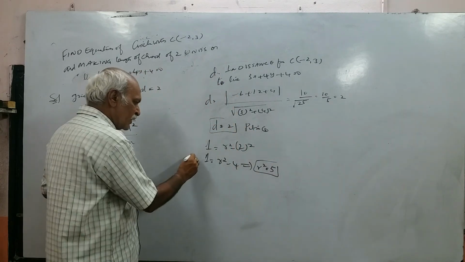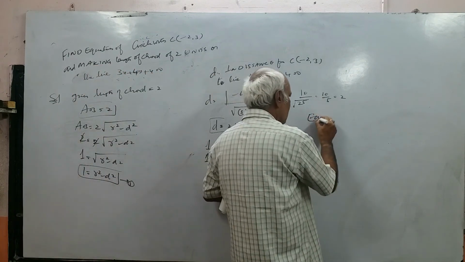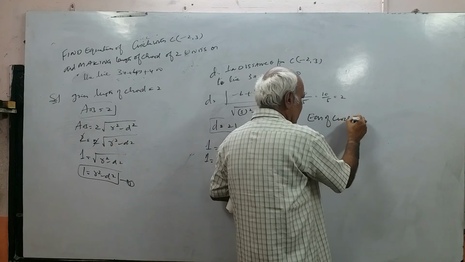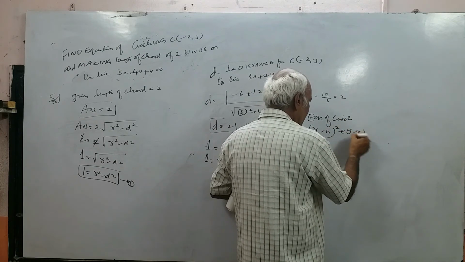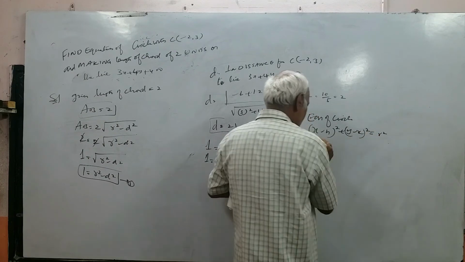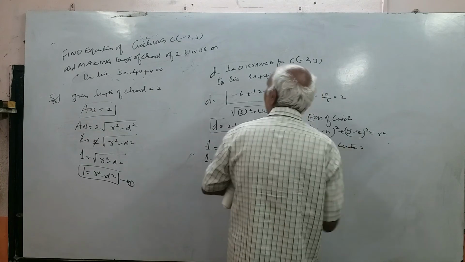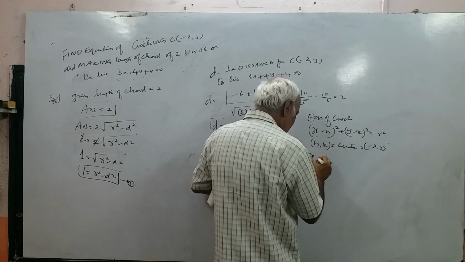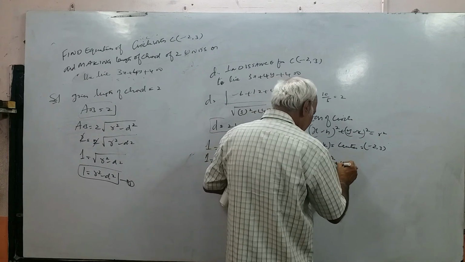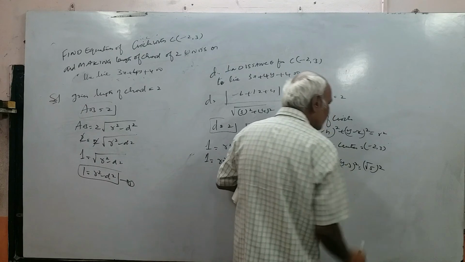Now we got the r square value. Now what is the equation of the circle? Now we require the equation of the circle. The formula is x minus h whole square plus y minus k whole square is equal to r square, where h comma k is the center. What is the center he has given? Minus 2 comma 3. So substitute here: x plus 2 whole square plus y minus 3 whole square is equal to r square, root 5 whole square.